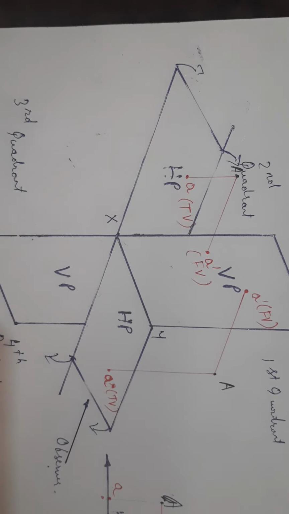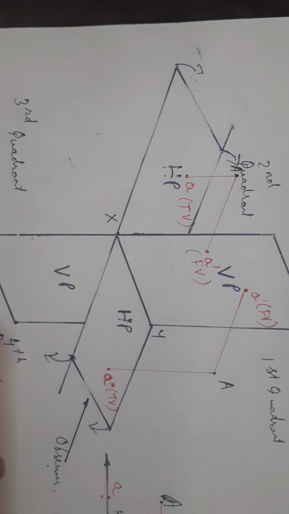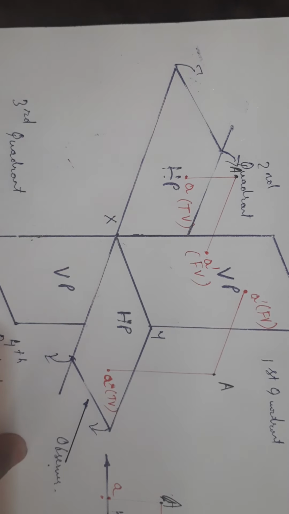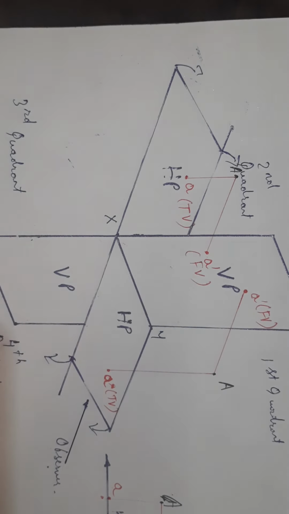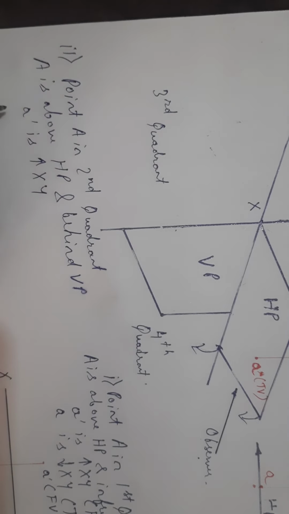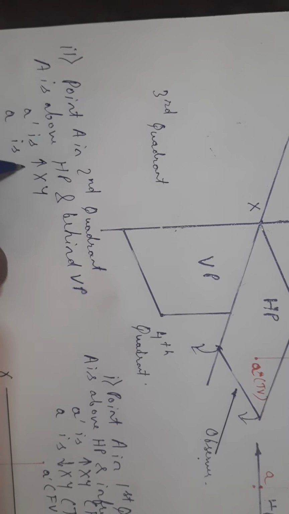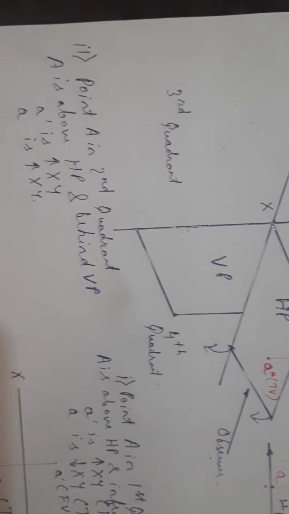Why don't we rotate VP? It's a standard concept, guys, because the observer won't be changing his position. The observer is still as it is. So that's why we change the position of HP. We rotate it clockwise so that it merges with VP, and point A, that is the top view, will also be above the XY line. A is above XY. So it is very clear.